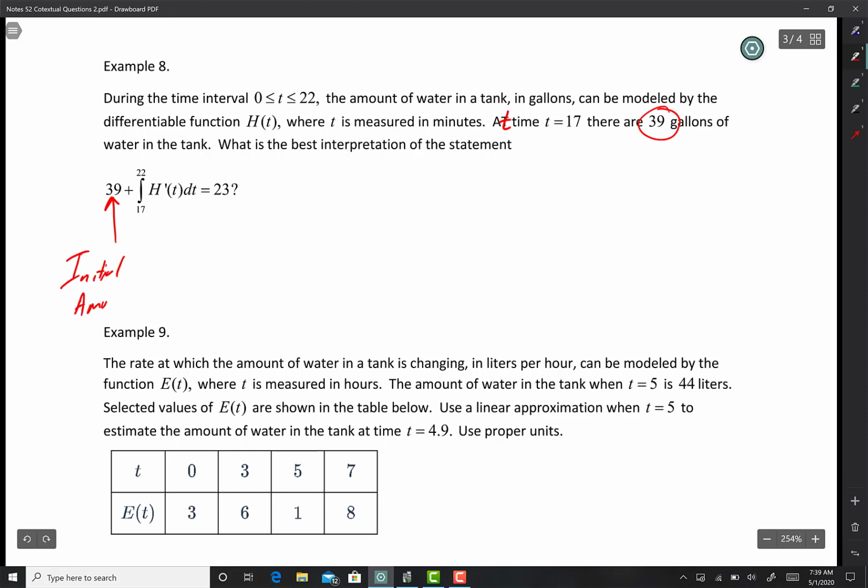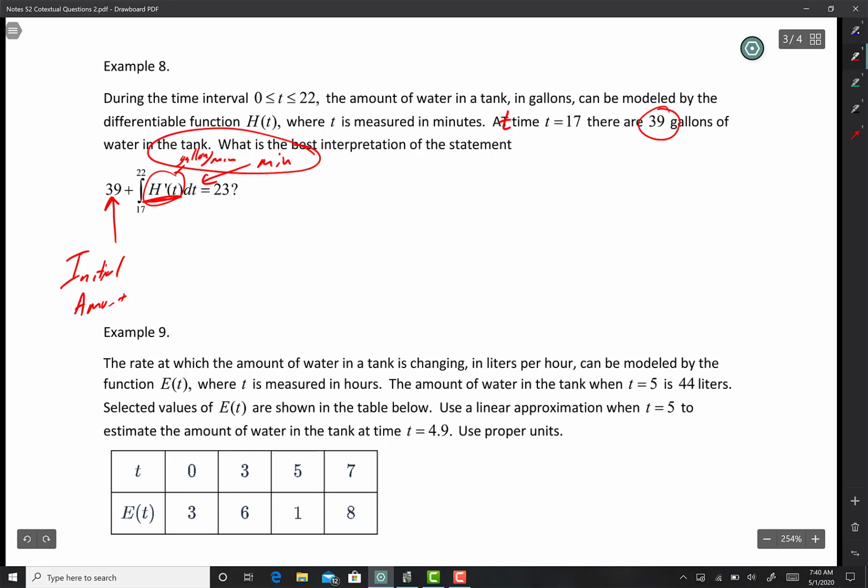Initial amount. I see that that's h prime. What is h? h is the amount of water where t is measured in minutes. So h prime of t must be amount per minute, gallons per minute. And I'm multiplying by minutes.